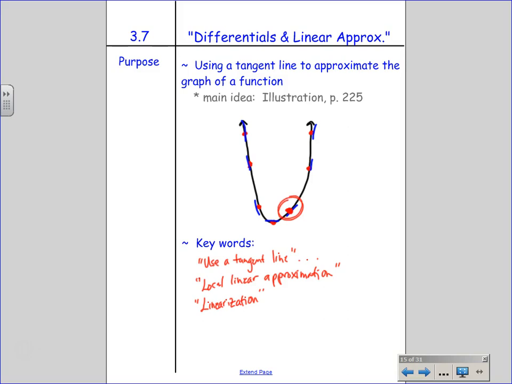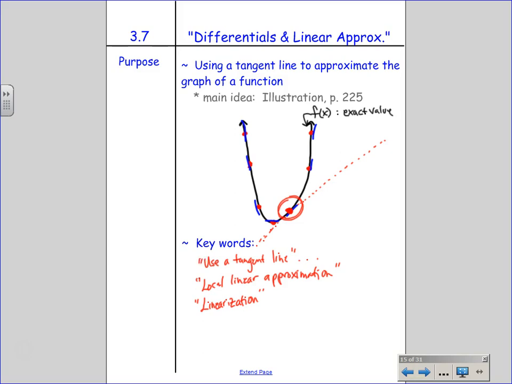You're not going to actually have to figure out what the error is specifically, even though you could. Just the idea is a tangent line does a pretty good job when it's close, of being close to the actual function. So this is our f of x, our actual function. Our f of x values are the exact, the precise values.